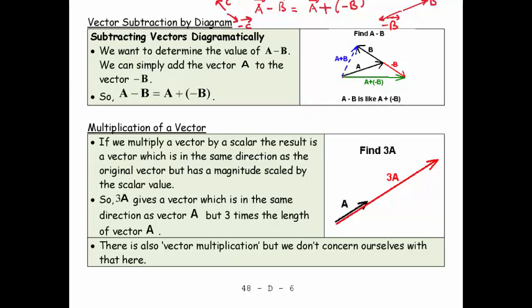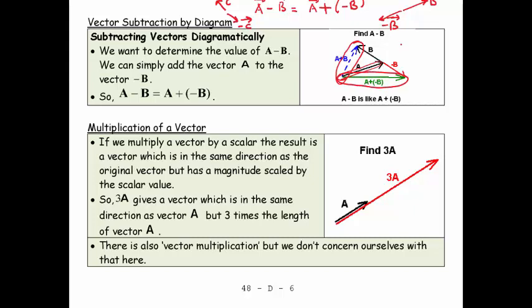So in this diagram I have a vector A, and if I want to add vector B, I put the tail of vector B on the head of vector A, and I simply draw my resultant. But if I have a vector A and I want to subtract vector B, I simply add on vector minus B, and so it goes in the opposite direction and I end up with a completely different answer.